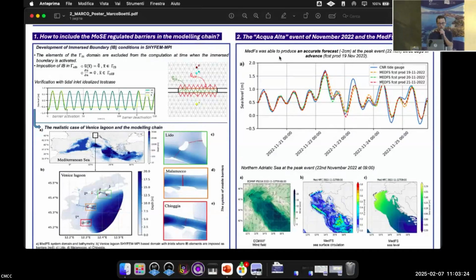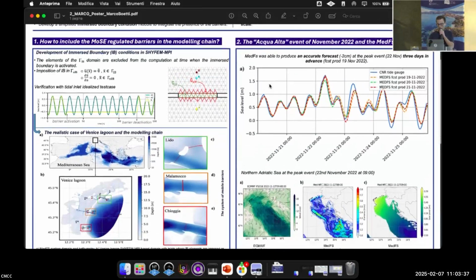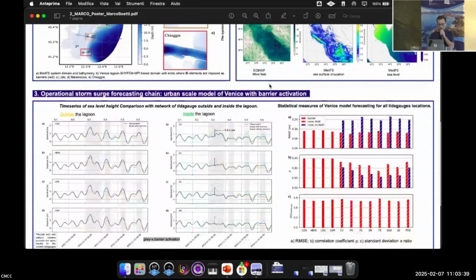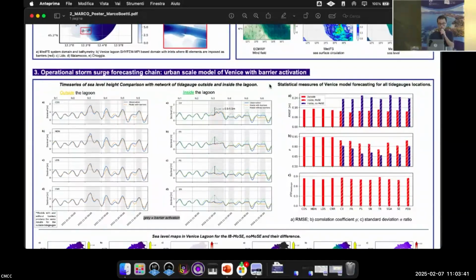In our workflow, we use the Mediterranean forecasting system provided by Copernicus for the regional data that are used to force the urban scale model. And what we found is that our approach works very well. You can see here the time series of the sea level, in which we report the SHYFEM outputs and also the tide gauge measurements.